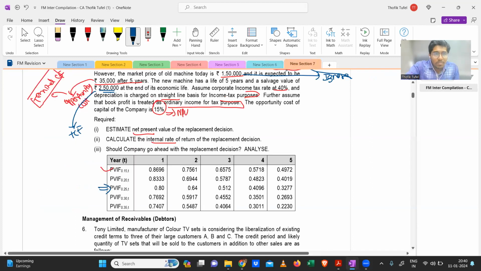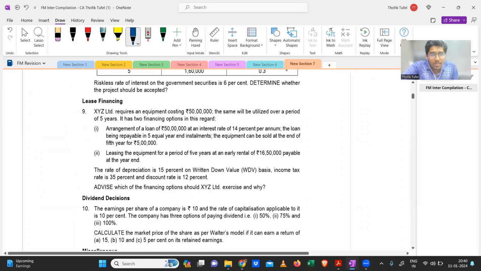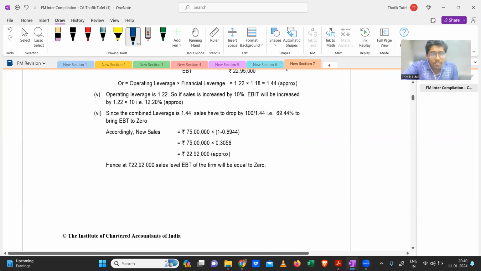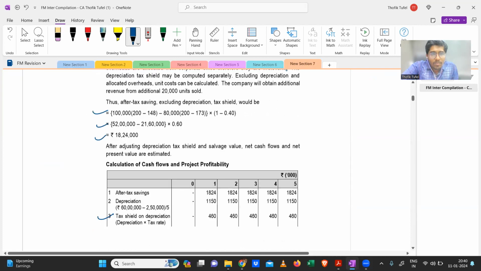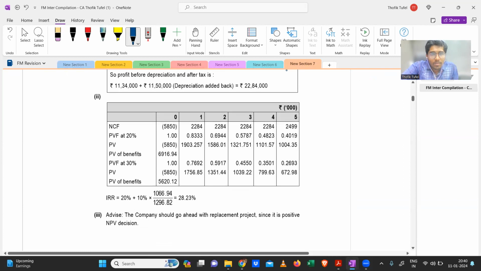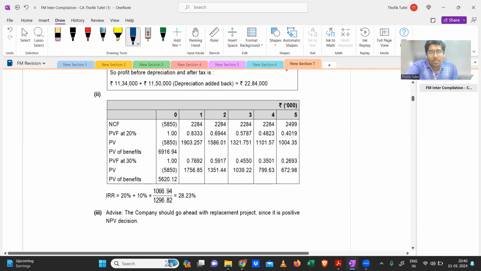So for 25%, they took 20% and 30%. But let us take 25% because that is also positive, right?